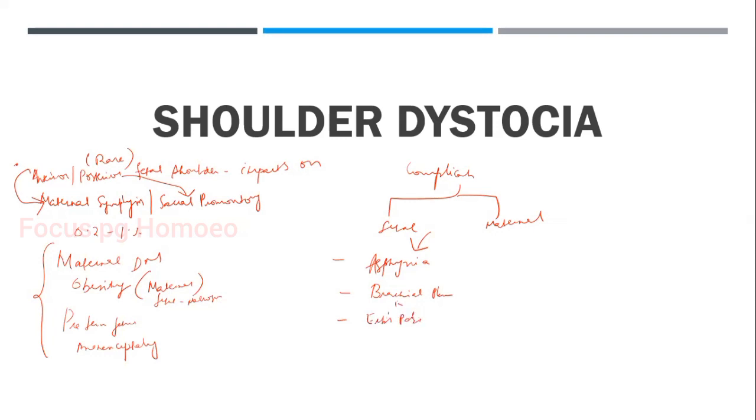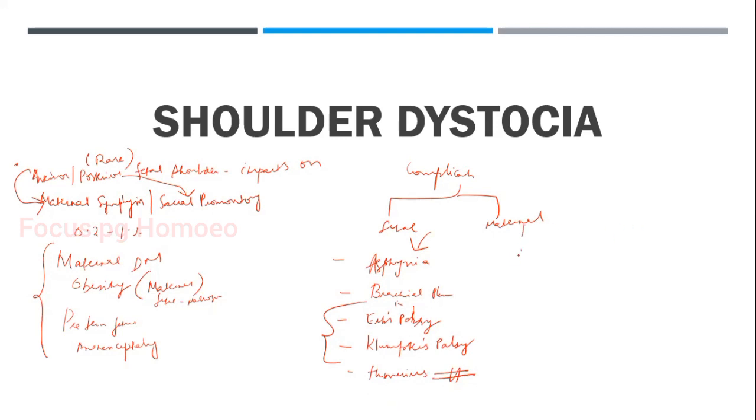Which is the most common cause for Erb's palsy or Klumpke's palsy in a fetus? It is actually shoulder dystocia. This you should remember. And there is humerus fracture. There are few conditions where humerus fracture can occur, and this is one of them.